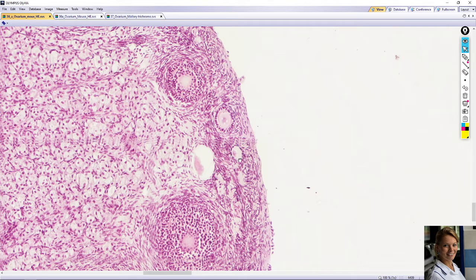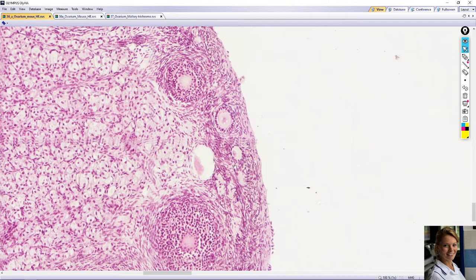Approximately here is a primordial follicle. The primordial follicles are located in the periphery of the cortex and inferior to the tunica albuginea.